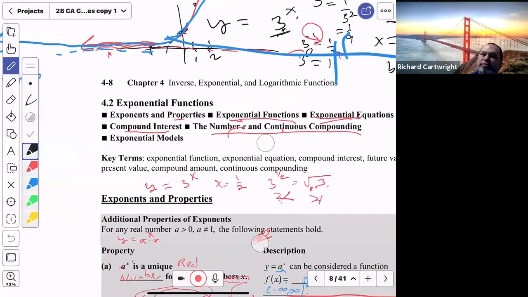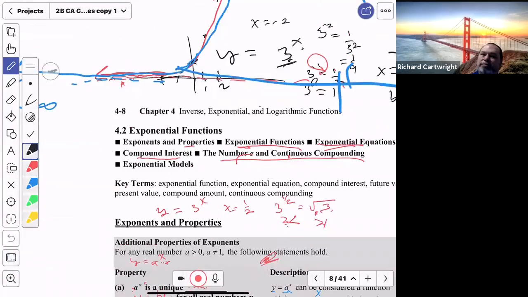Okay? As I go from this way, the function is constantly getting, even right here, you don't see it because it's going up very slow, very slow, very slow, but eventually it starts climbing higher and higher and higher, okay?